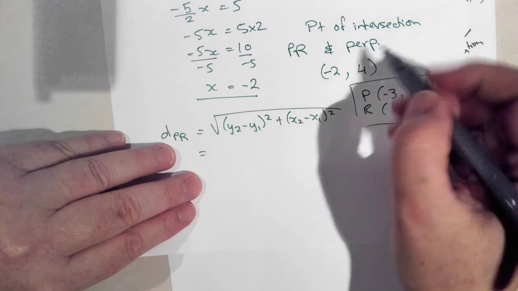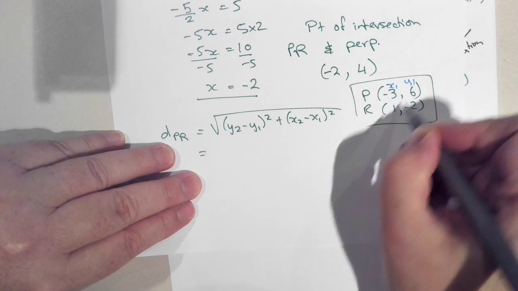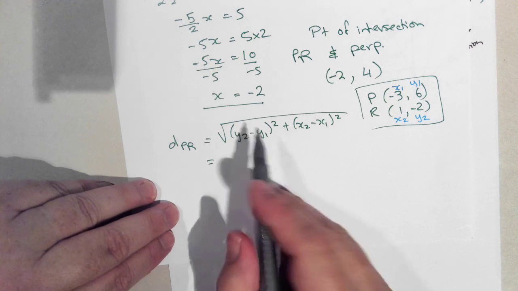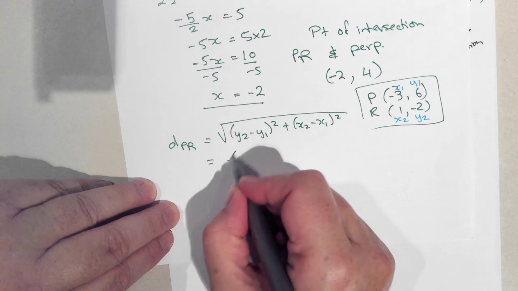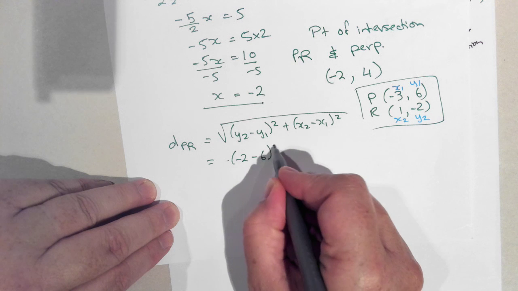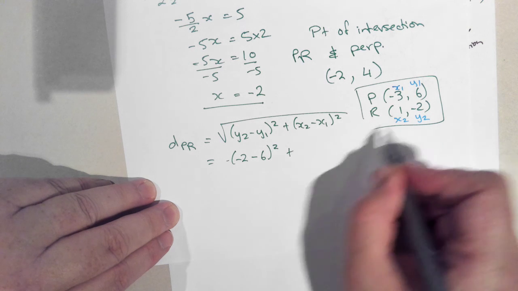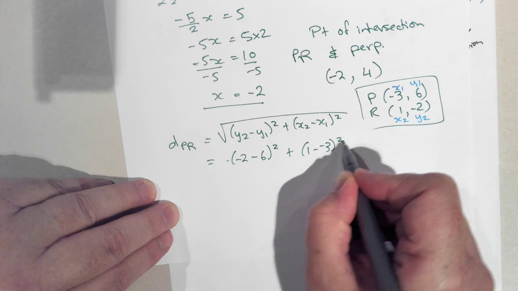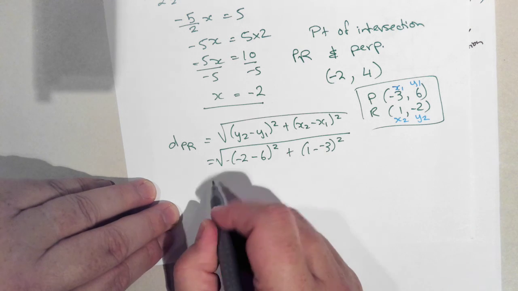So we're going to do this one as x1, y1, x2, y2. My y2 value is negative 2, take away y1, which is 6, squared. x2 is 1, take away x1, negative 3, squared, and I want the square root of all that.